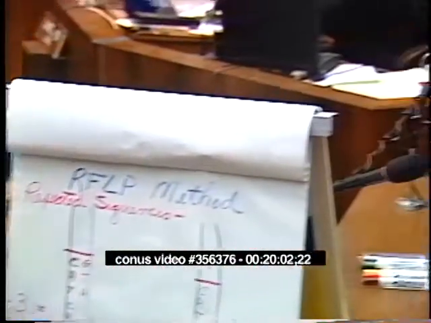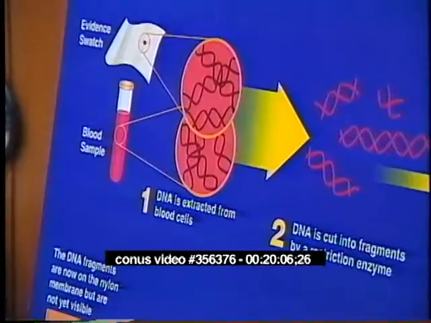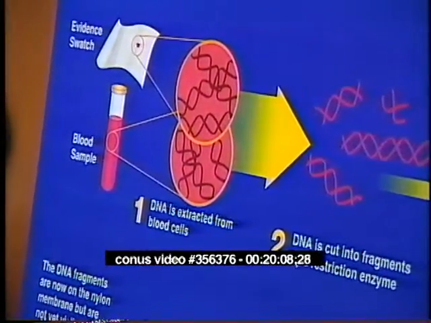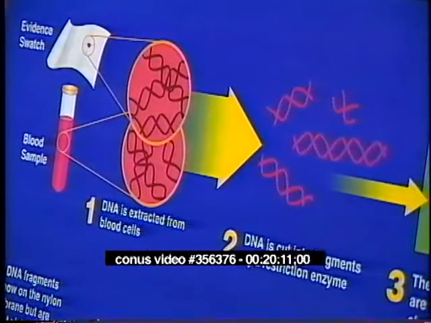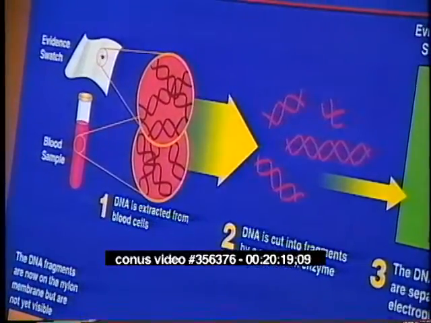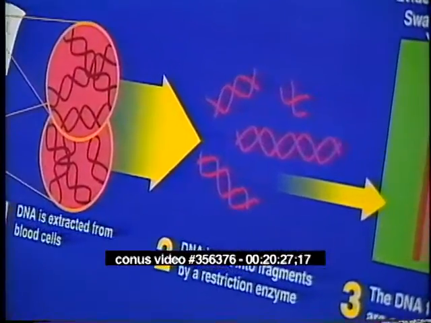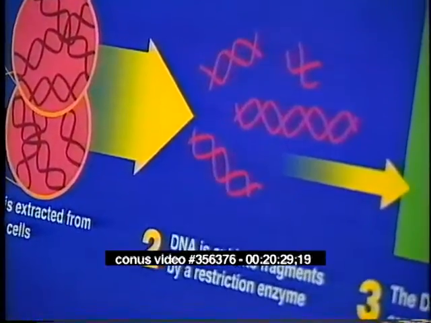All right. Step number two on the chart says the DNA is cut into fragments by a restriction enzyme. When I said a little while ago that if you had a method of cutting out these sections where the repeat exists, you could look at how long it was, the method is to use a protein that is called a restriction enzyme.